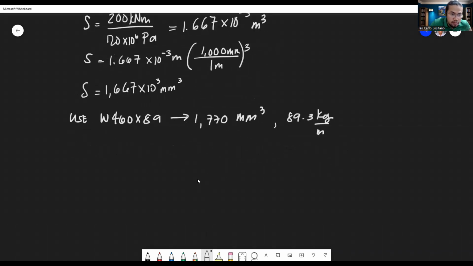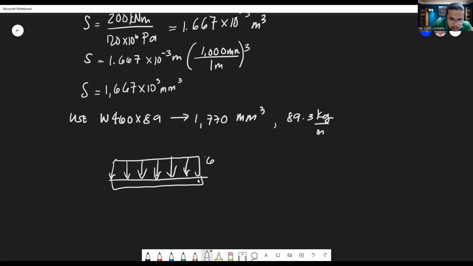So we have the original distribution on the beam at 16 kilonewton per meter squared, and we are introducing a dead load. That would introduce a weight of 89.3 kilogram per meter.